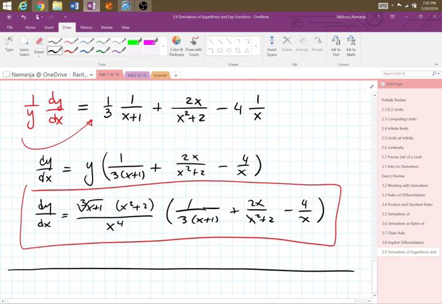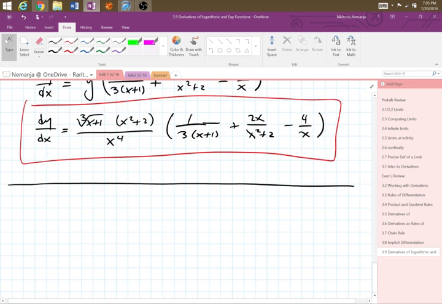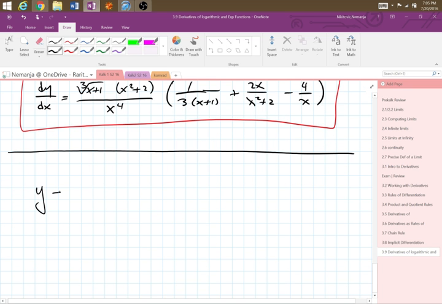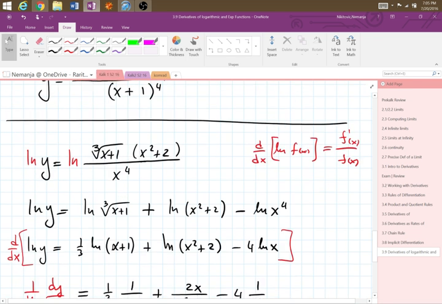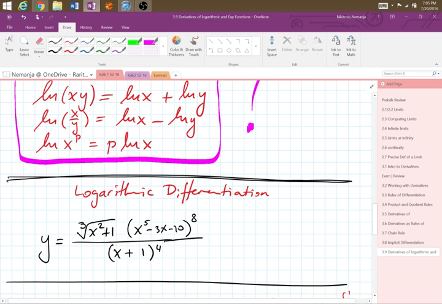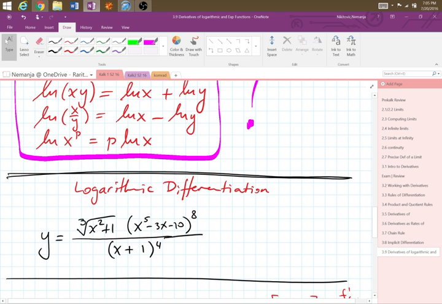So now we are going to go back to our more involved problem and use the same method again. y is equal to, it was the cube root of something more involved, if I remember.